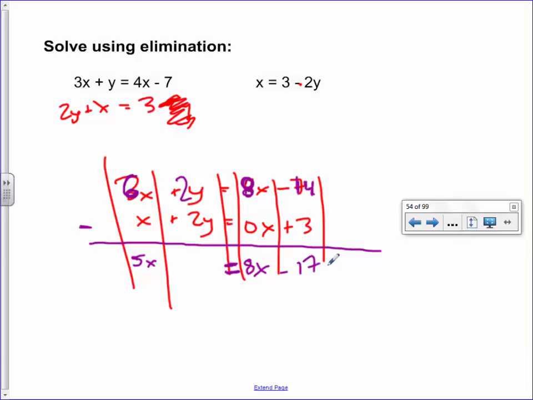Negative 17? Is that right? Yeah. Well, now I have a single variable, because I have 5x equals 8x minus 17. Alright, so why don't I maybe minus 8x from both sides?